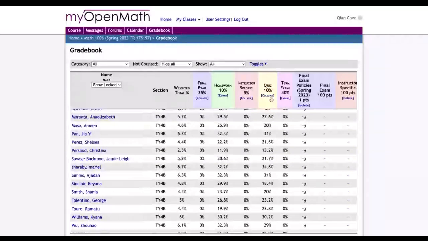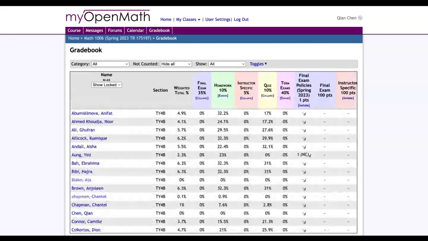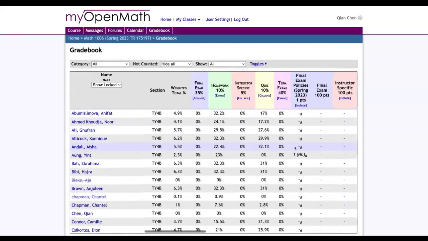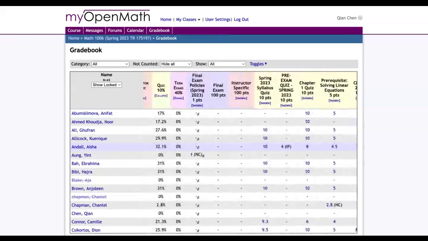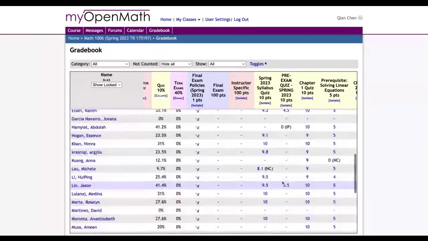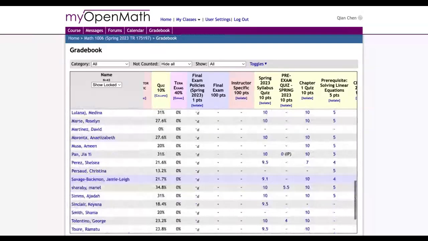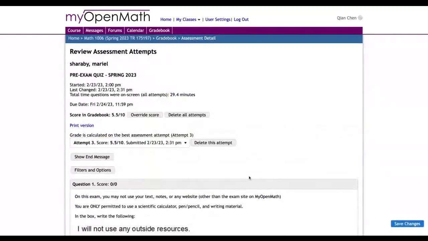Probably I have to collapse. No, if I collapse, I get this. Expand, pre-exam. Yeah, pre-exam quiz. Let's check yours. 5 points. That's Jason's. That's yours. So let me go to yours.